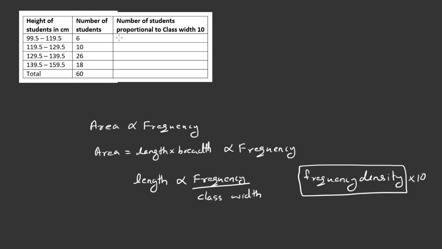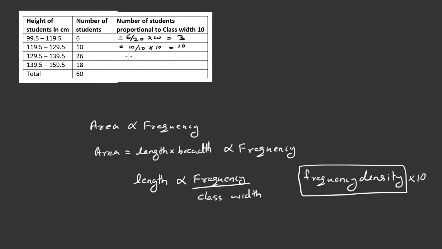So here I can write frequency 6 divided by class width, 119.5 minus 99.5, which is 20, into 10, that is equal to 3. In the same way, here it is 10 divided by 10 into 10, that is equal to 10.